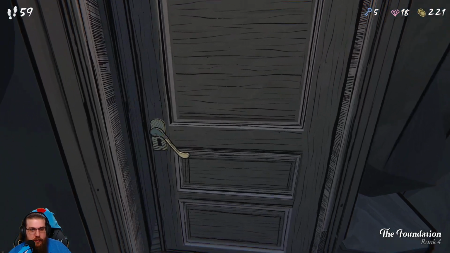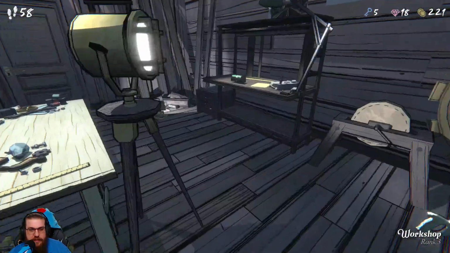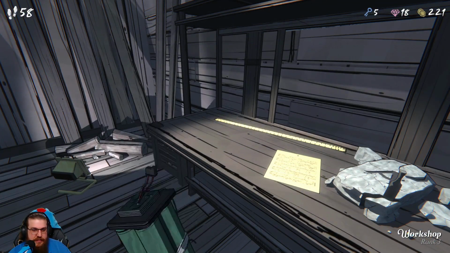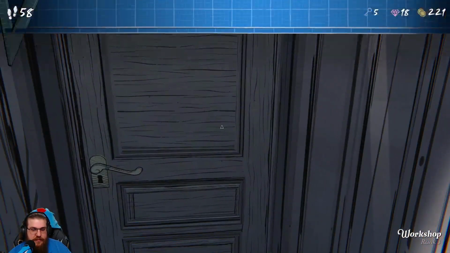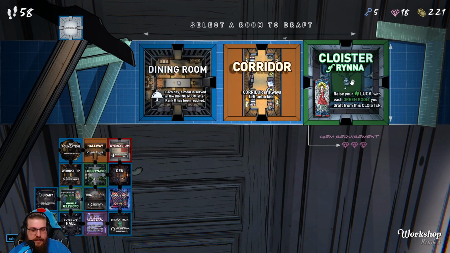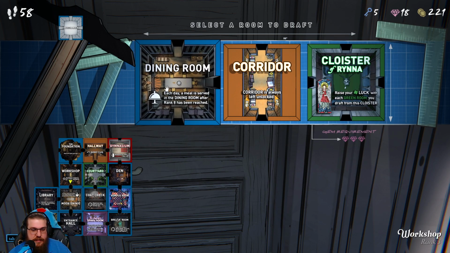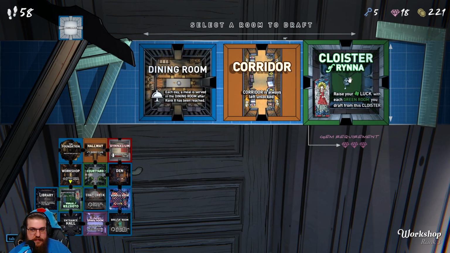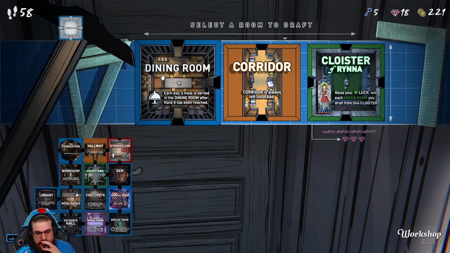I'm crushing it already. Look at that. Do I be greedy and not put it here because it's a waste? Just put the dining room and go draft.